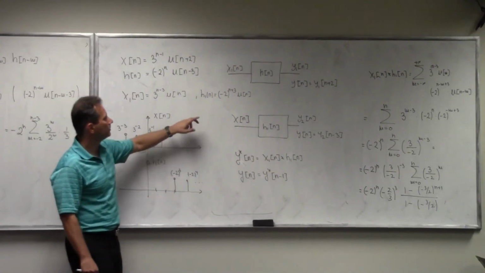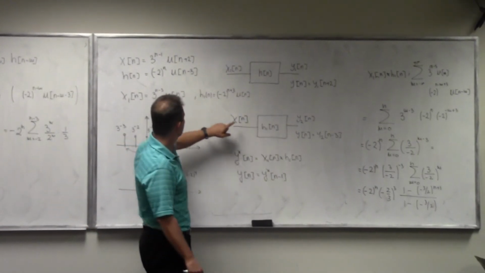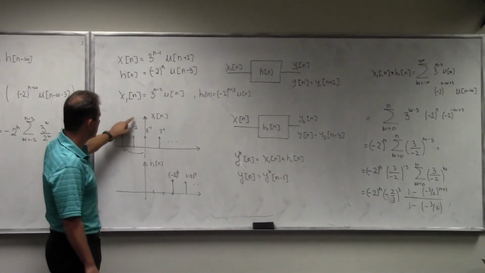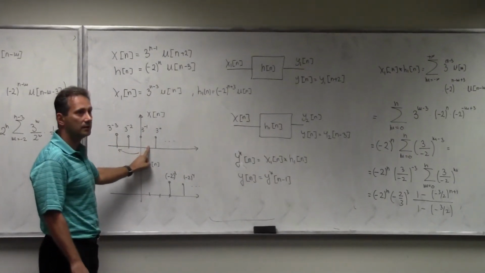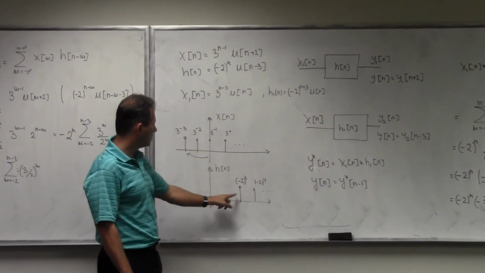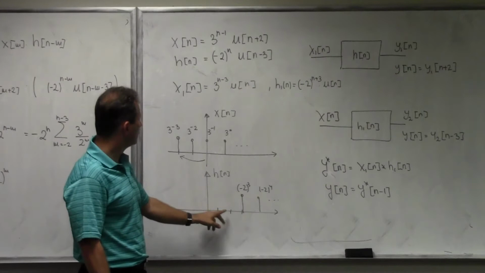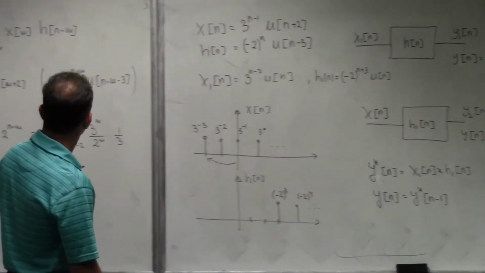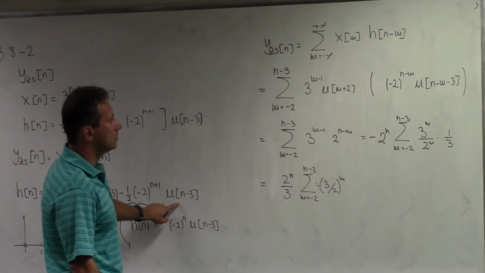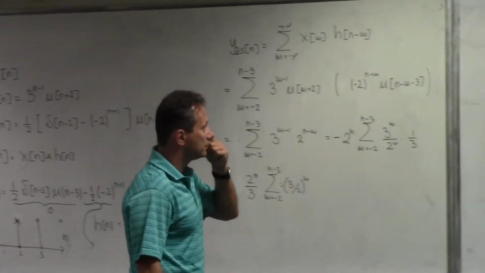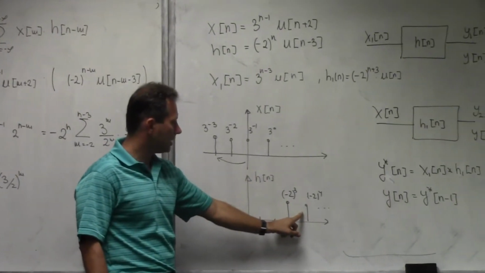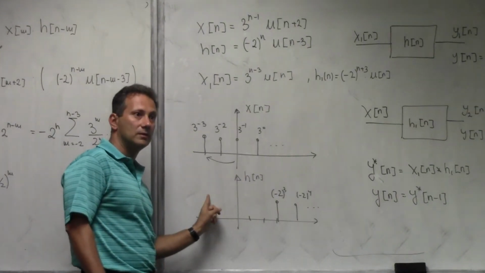In this case, we needed to shift the X signal 2 units to the right, and we needed to shift H 3 units to the left.